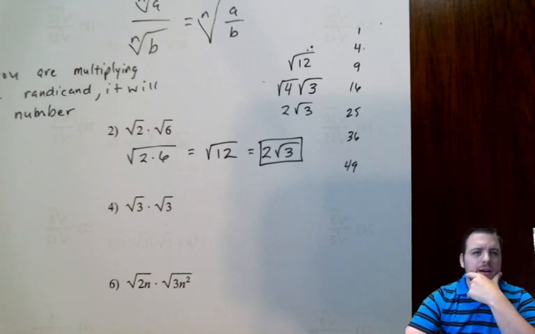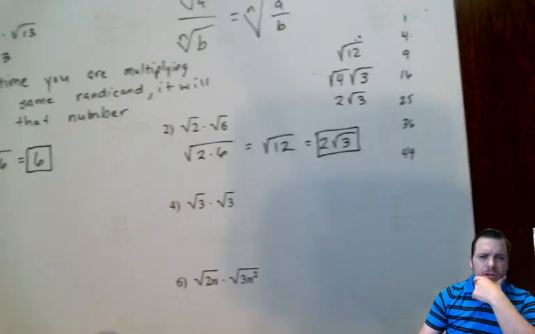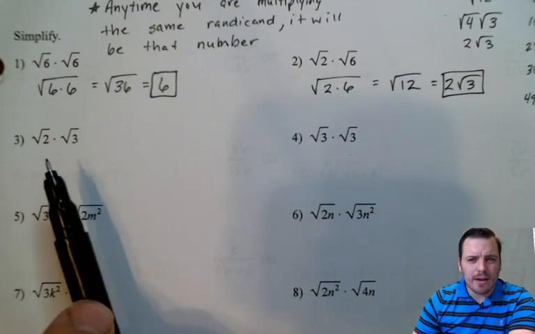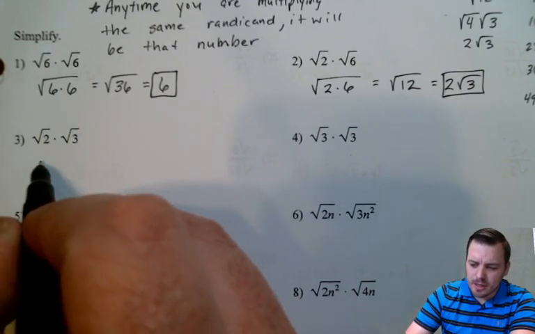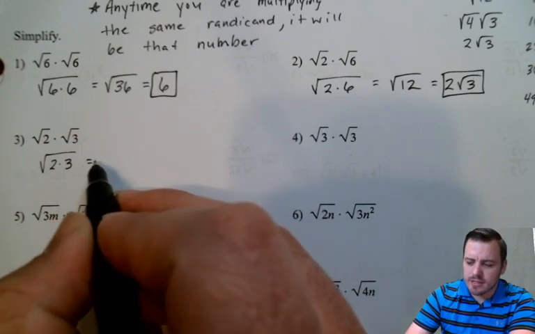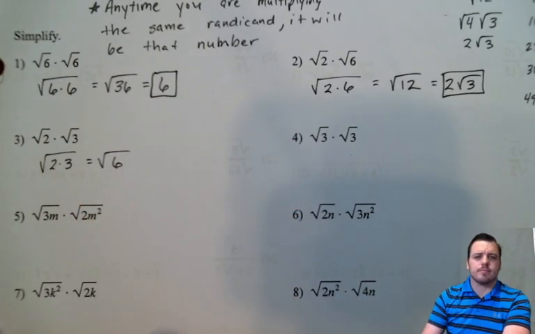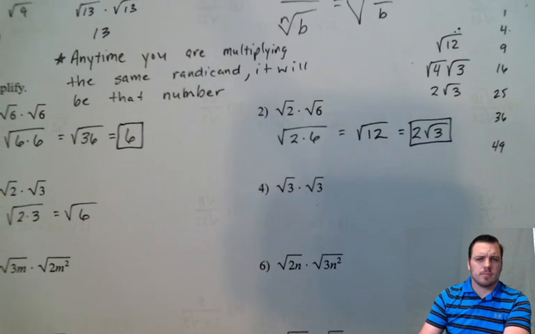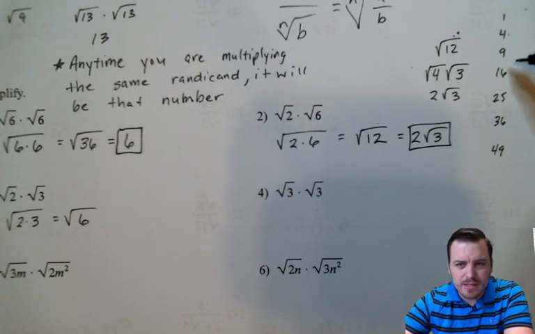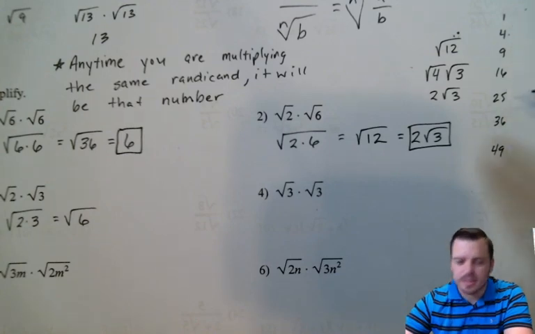Okay, continue right along. Look at number 3. Radical 2 times radical 3. Well, that just becomes radical 2 times 3. Well, 2 times 3 is radical 6. I ask myself, will any perfect square go into 6? Someone answer that in the chat box. Yes, no, maybe?